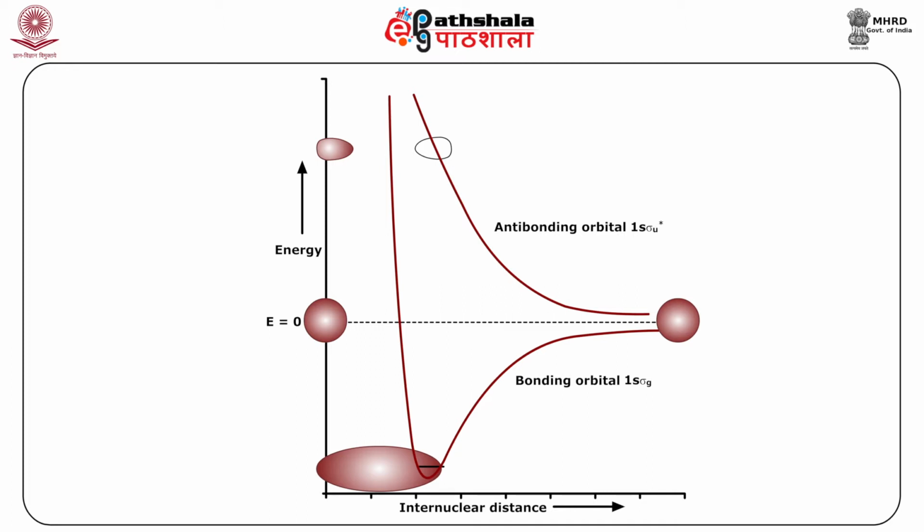The two atoms will separate out, and the lower one is the bonding molecular orbital and the upper one is the anti-bonding molecular orbital, where you see that the positive and negative lobes have opposite signs, and here there is an accumulation of electron density in the region between the two hydrogen atoms. So, the figure shows the variation of energy with internuclear distance for the bonding and anti-bonding orbitals.